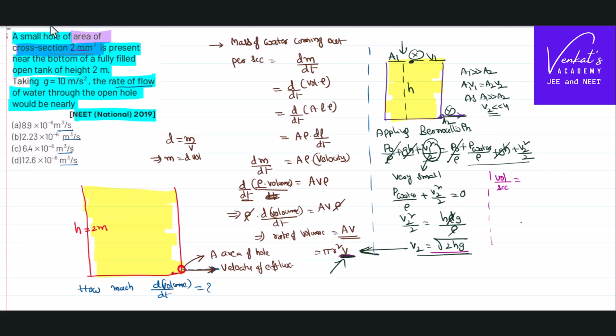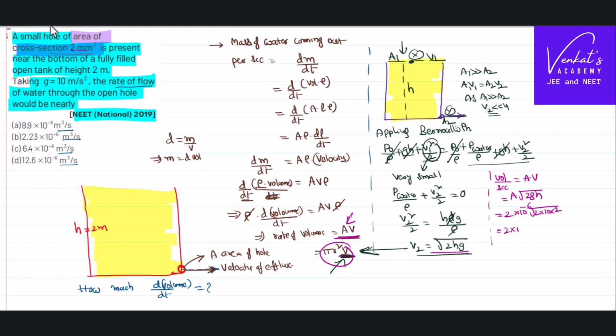So what I have to do is volume per second. Though area is pi r square, he has not given the radius, rather he has given the area. So I don't need to do this. I can write area into velocity, that is area into root 2 gH. Area is 2 millimeter square, that is 2 into 10 power minus 6. 2 into g is 10 and H is also 2.